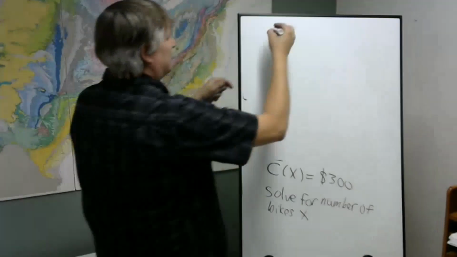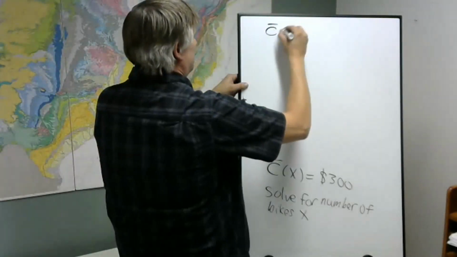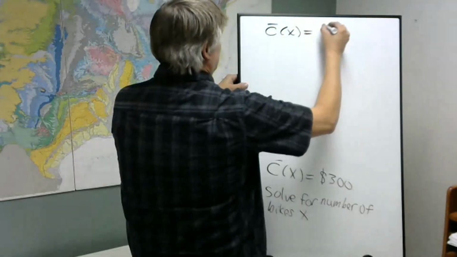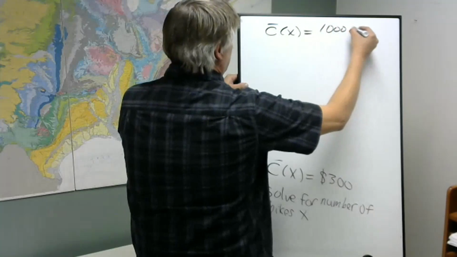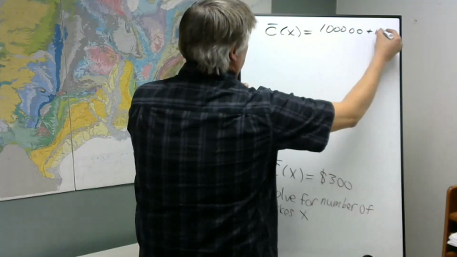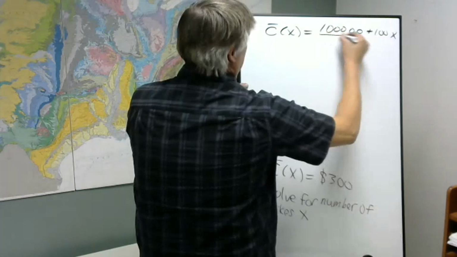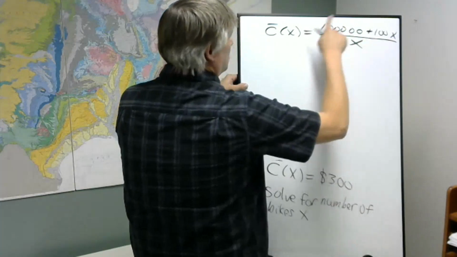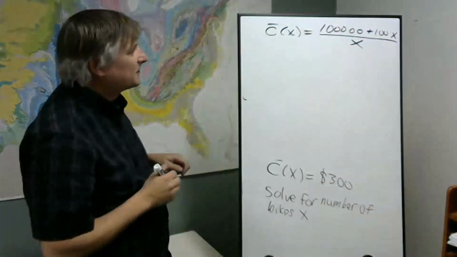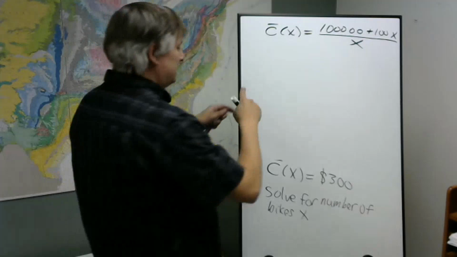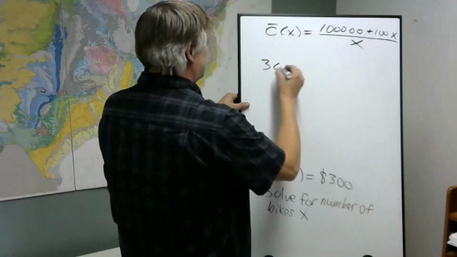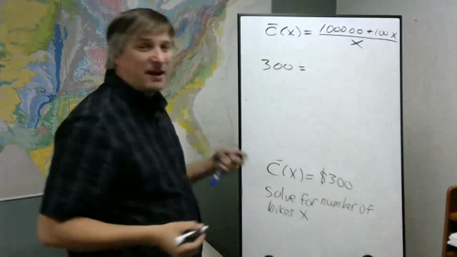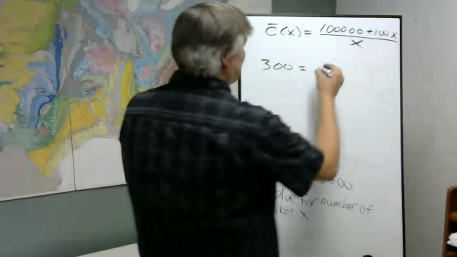So again, total cost divided by the number of bikes. Now we want this to equal 300. What value of x will let us do it?